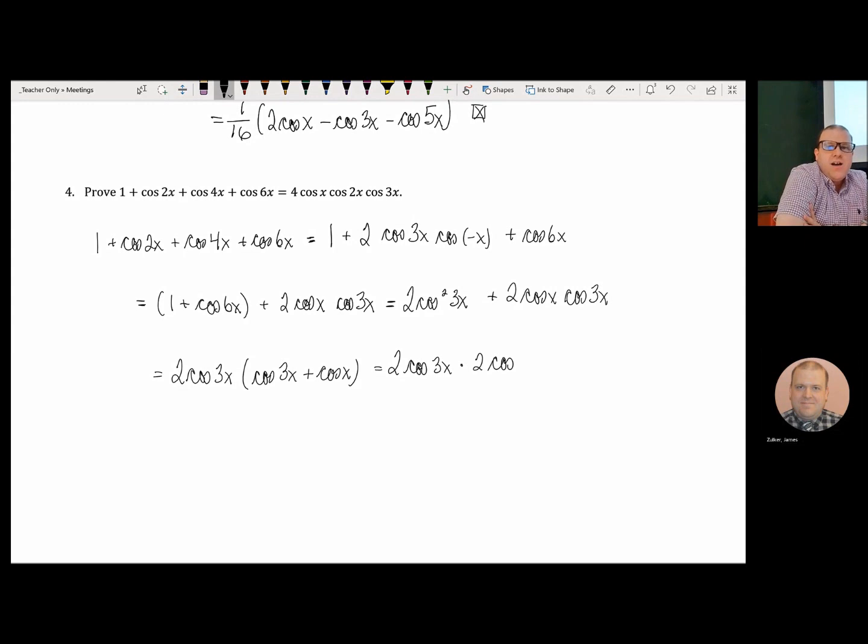That becomes 2 cosine of 3x plus x over 2, which is 2x, times cosine of 3x minus x over 2, which is just x. Multiplication is commutative. 2 times 2 is 4, and then we can rewrite this in any order we want. Four cosine x, cosine 2x, cosine 3x as desired.